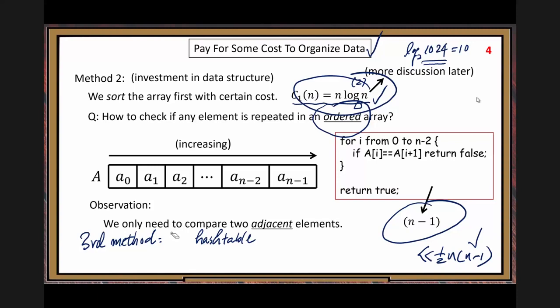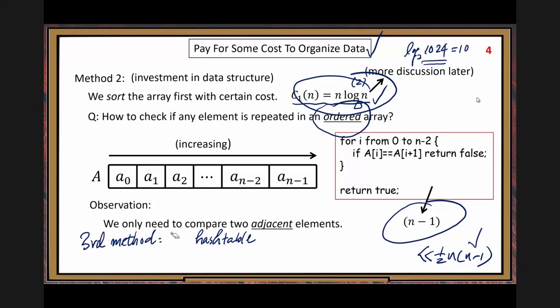In module 5, the second part B of module 5, we will learn the basics of the hash table data structure. Here I just describe this hash table in a simple way. If we use a hash table to store the elements in this array, then we can get a very fast algorithm, the third one.